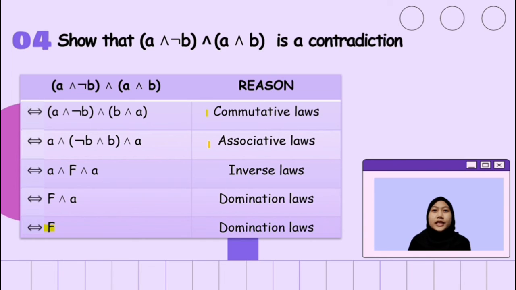Second, we can use the associative law to change the position of the bracket. Why? Because we have the same sign between the variables, AND, AND, AND.